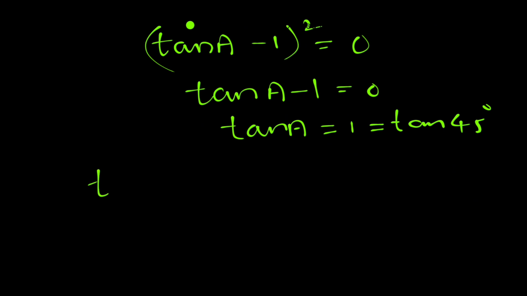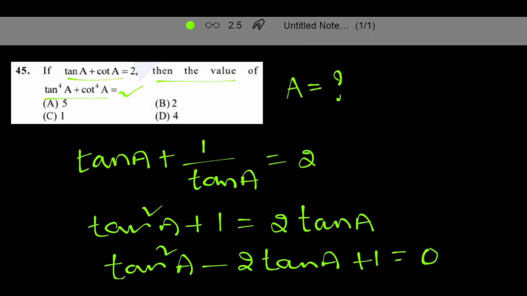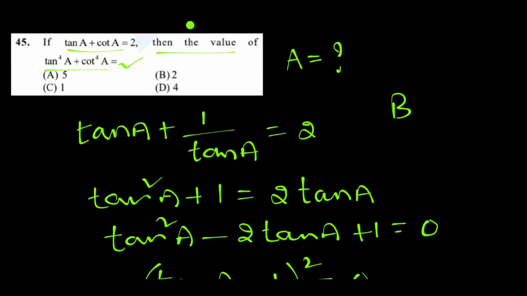So the question is tan power 4A, A is 45 degrees, plus cot power 4A, A is 45 degrees. Tan 45 and cot 45 degrees are 1, power 4, 1 power 4, answer is 2. So option B is the correct answer.